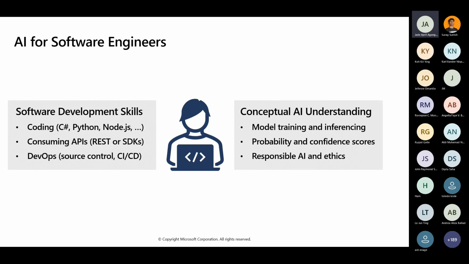We also need a conceptual understanding of AI. If you want to become a software engineer, at least we'll be able to train a model and run inference on the model. We'll understand probability and confidence scores. And most importantly, we'll be able to apply responsible AI and ethics.